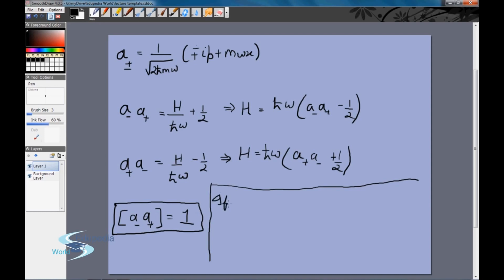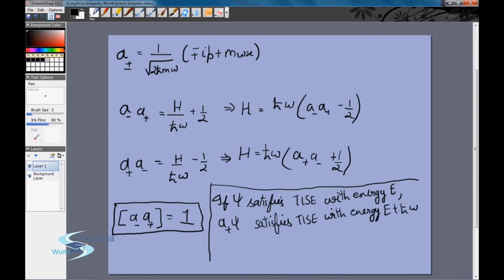It says that if psi satisfies the time-independent Schrodinger equation with energy E, then a plus psi satisfies the time-independent Schrodinger equation with energy E plus h omega, and also a minus psi satisfies the time-independent Schrodinger equation with energy E minus h omega. So I'll prove this in a minute, but first let's understand what this tells us.